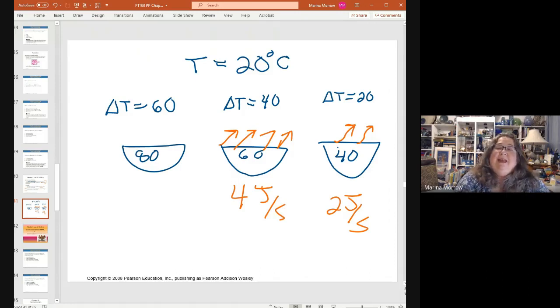And the bowl on the end, since it has a 60 degree temperature difference, that's 3 times as much as the first bowl. So it's going to radiate 3 times as much energy per second, so it's going to radiate 6 joules per second.